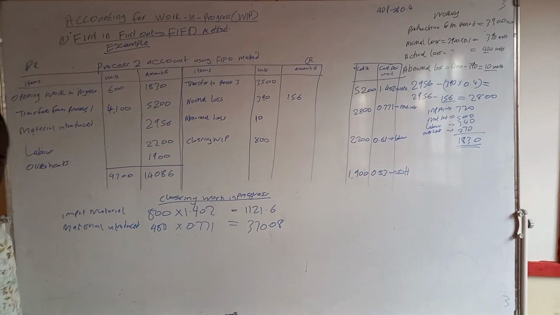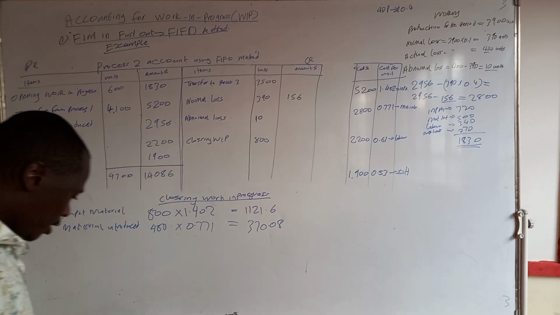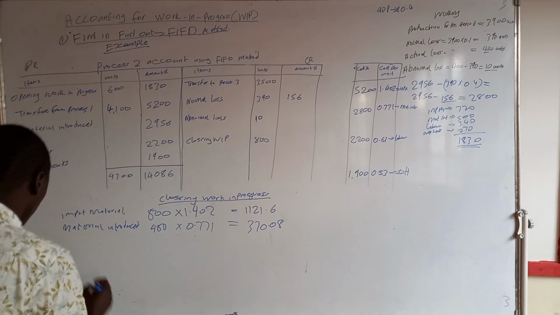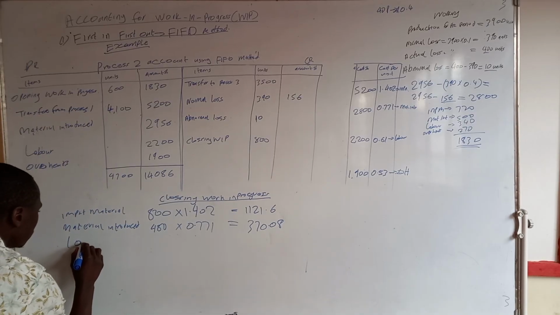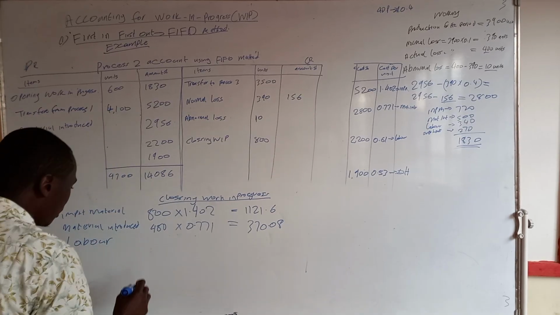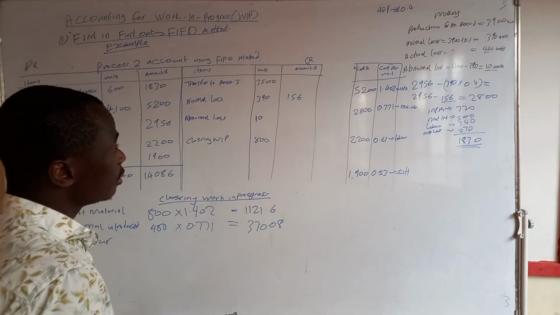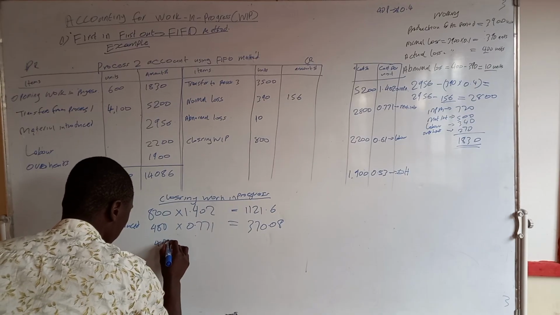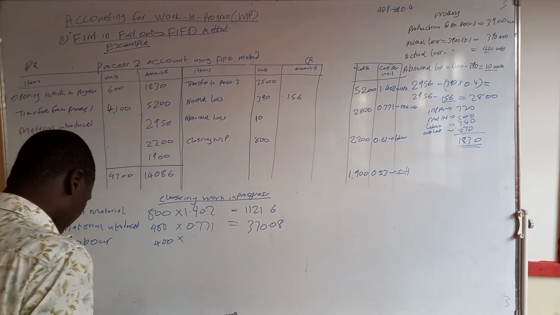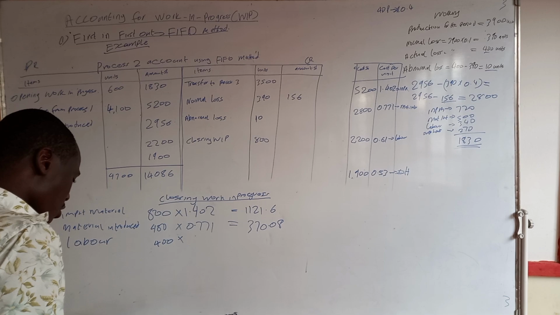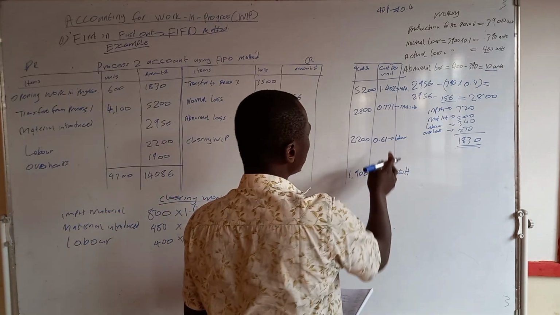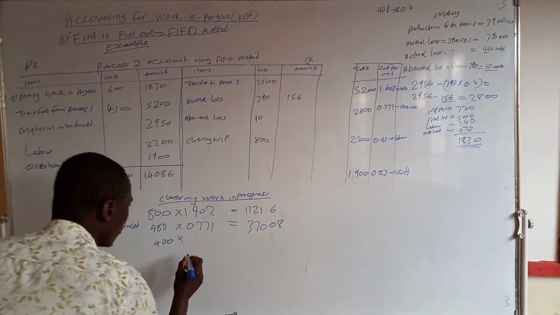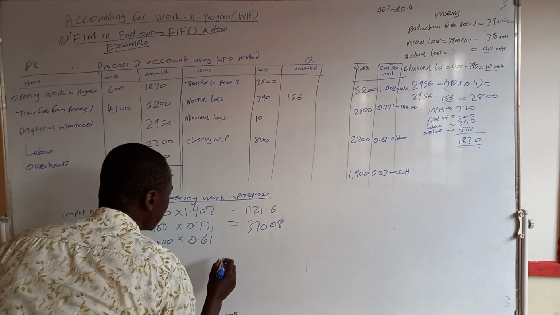Then we had labor. Remember, labor was used. We had an equivalent of 400 units times the cost per unit of 0.61.